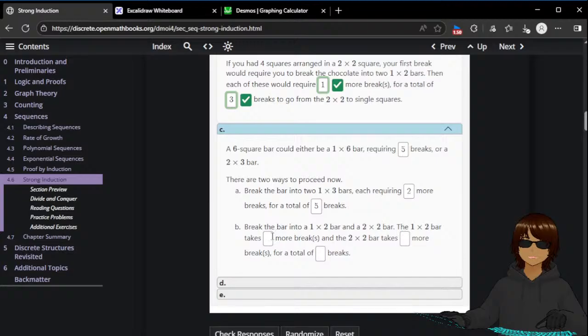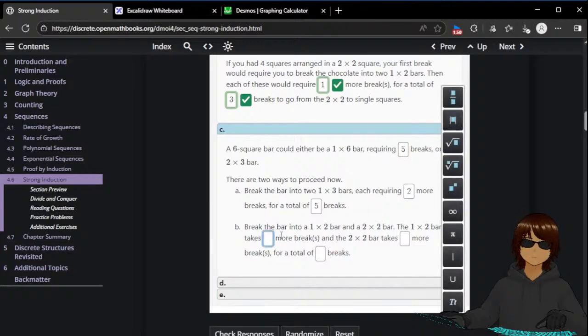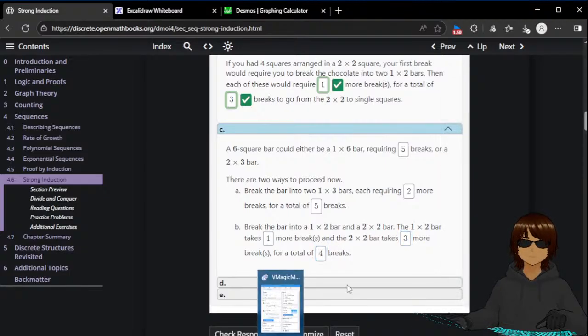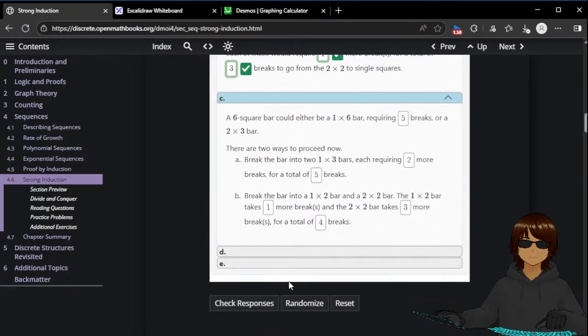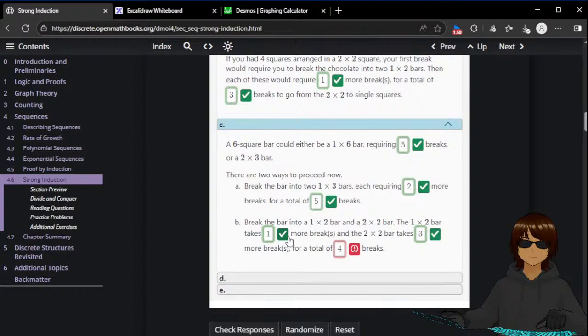The 1 by 2 bar takes one more break. The 2 by 2 bar takes 3 more breaks, for a total of 4. The 1 by 2 bar takes one more break and the 2 by 2 bar takes 3 breaks.